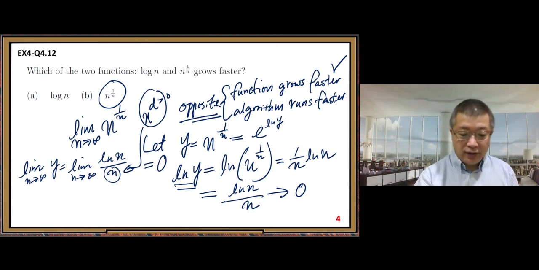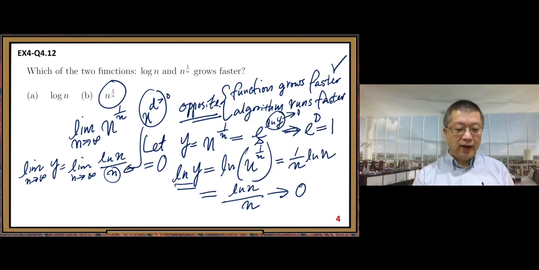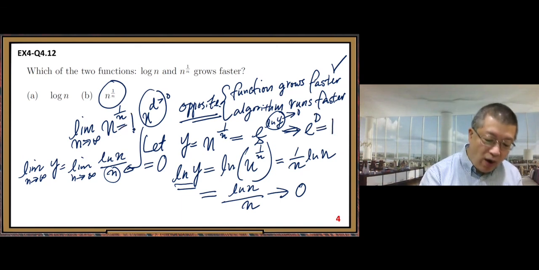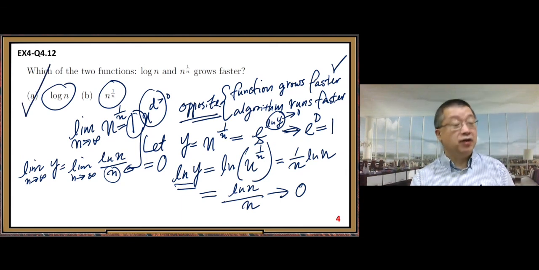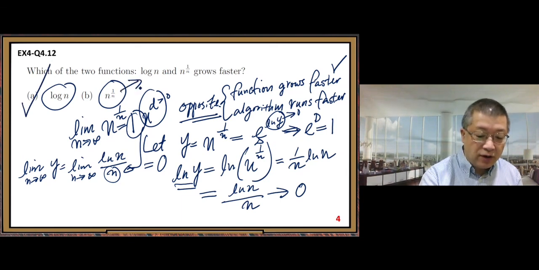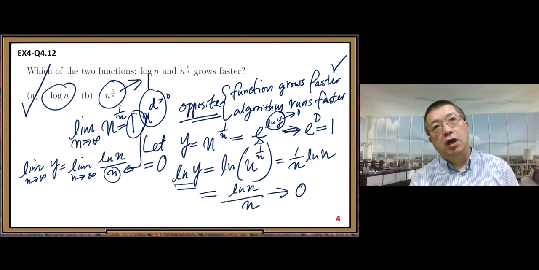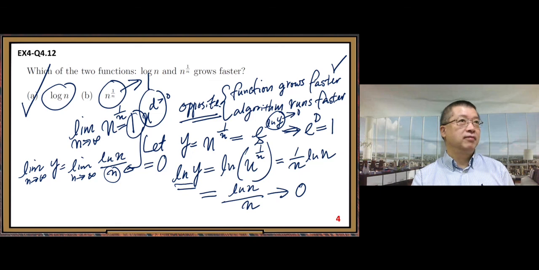The exponent goes to 0, so this goes to e to the 0, that is 1. So the limit equals 1. When you compare 1 and log of n, which one is larger? The log n function goes faster, because the other function goes to constant 1.